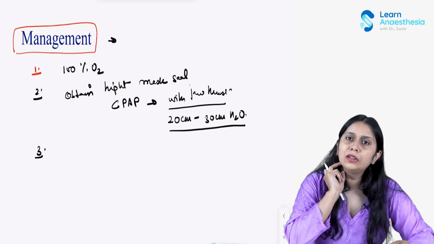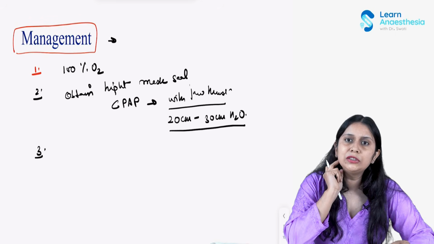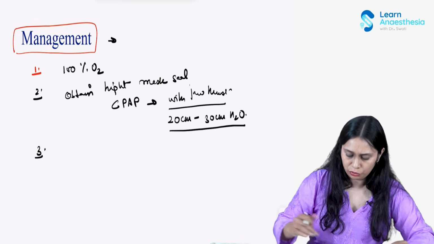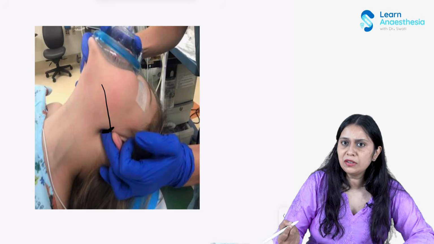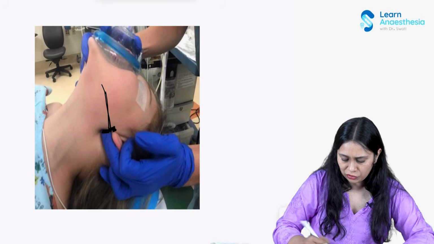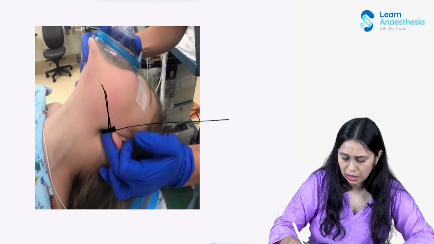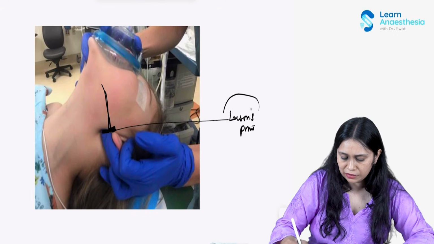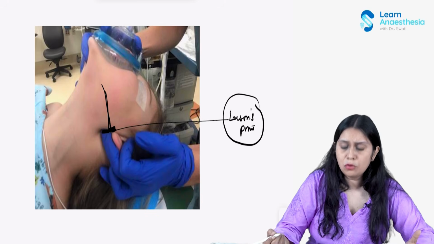At the junction of the superior end of the ramus and your mastoid, we apply a pressure. I'll just show you how we apply this. This is the point, this is the mandible. So at the superior ramus of the mandible, at its junction with the mastoid, we apply a pressure. This is called Larson's point, and we call it Larson's maneuver, or sometimes it is also called the laryngospasm notch.